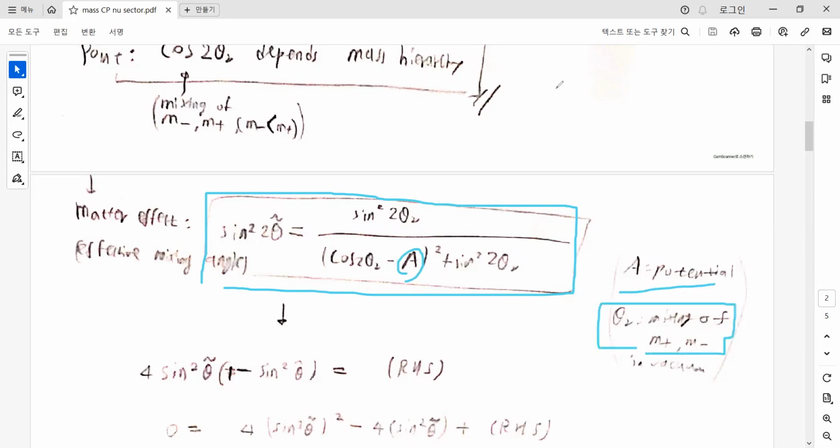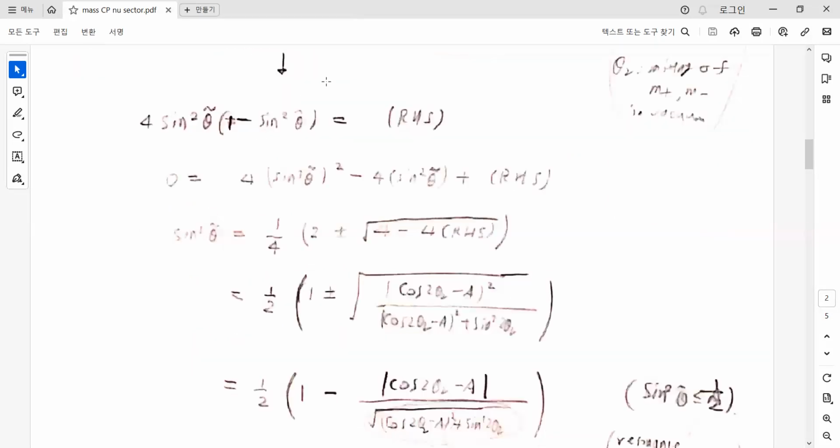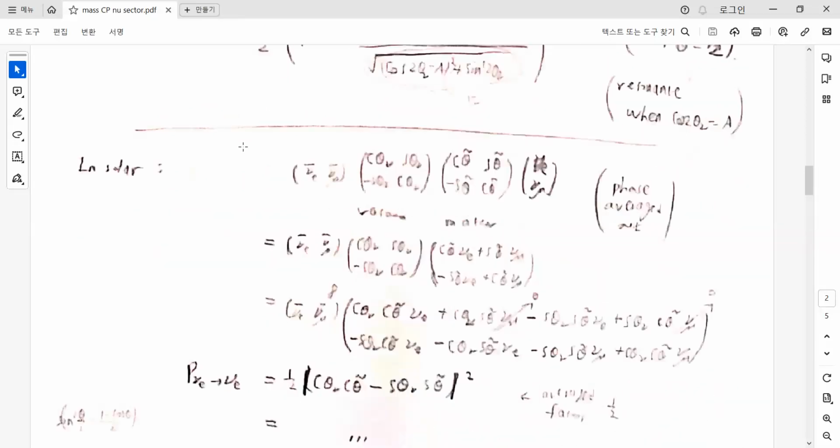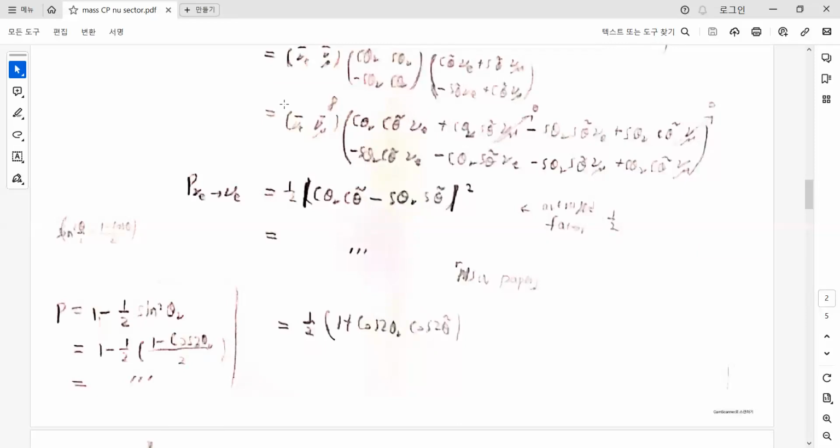And by solving this equation for sine squared theta tilde, the effective mixing angle, there is a cosine 2 theta ν term that appears. Also, in the solar neutrino, by using such a transfer matrix in the vacuum and the matter, the phase factors are all averaged out.